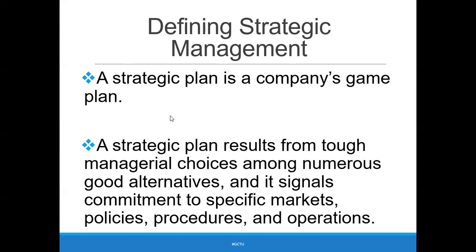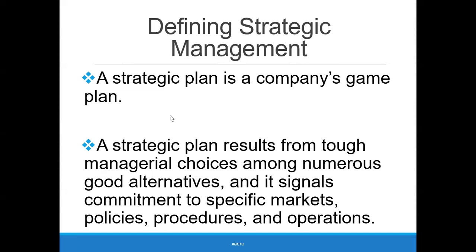So what then is a strategic plan? Simply put, it can be said to be a company's game plan. Or, if you can say it is the blueprint that an organization has to follow through in order to guarantee the success of their operations.